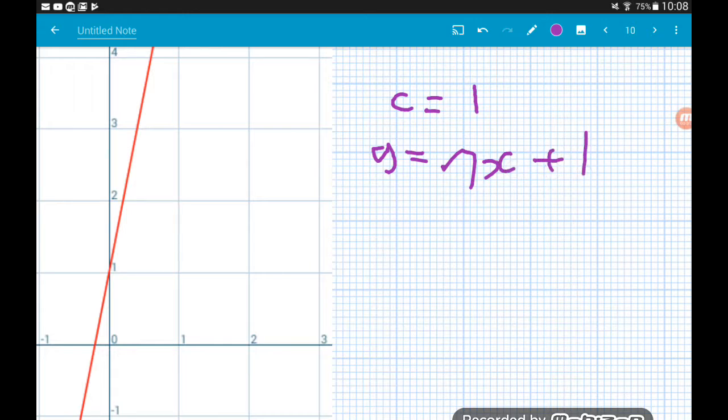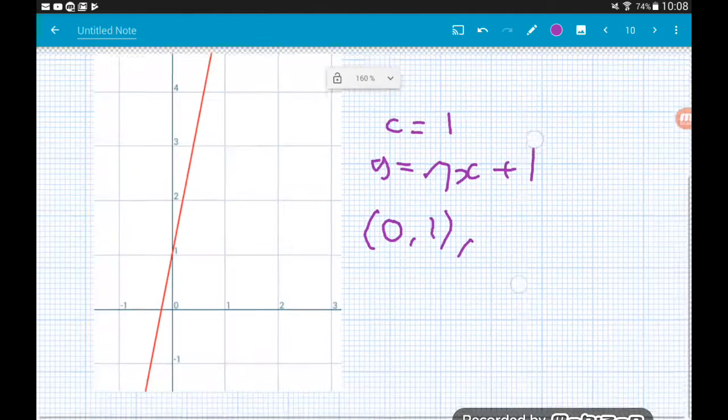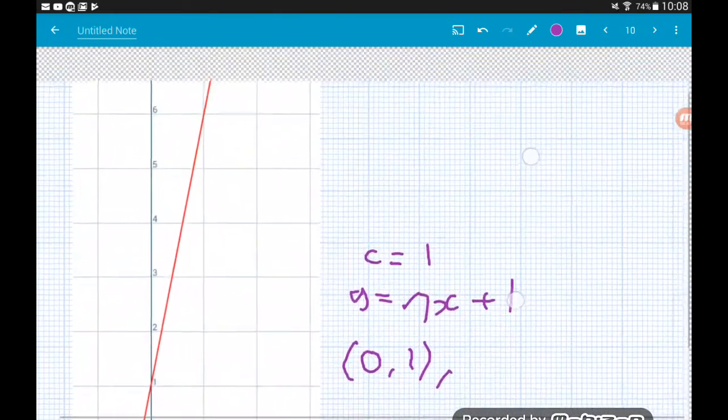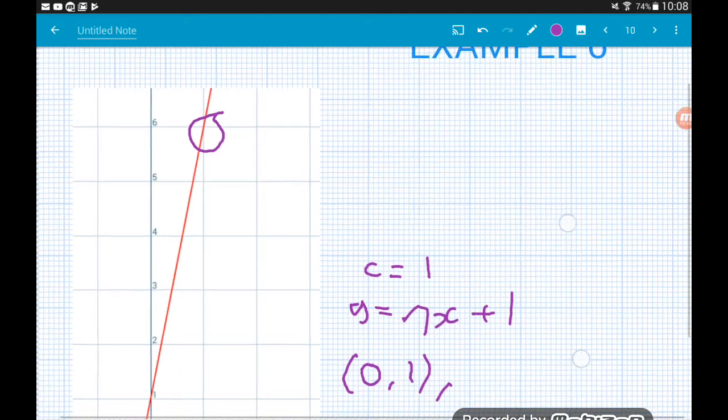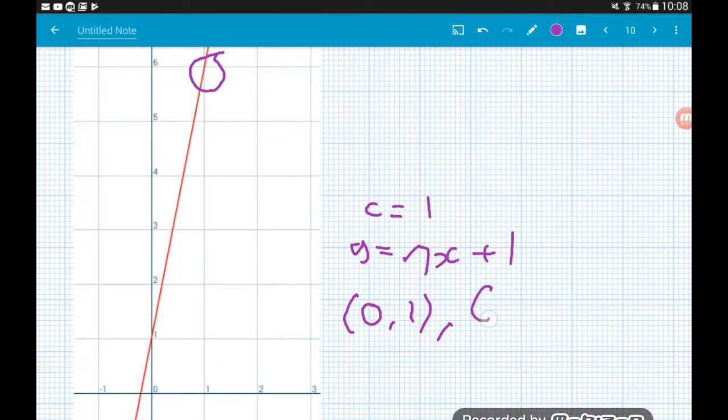Now we're also going to use that coordinate as one of our two sets. So the coordinates of the y-intercept here are 0, 1. Cracking. So let's find another nice whole integer set of coordinates. We've got this one right here. Now the coordinates of this one are going to be 1, 6. So let's also write that down.